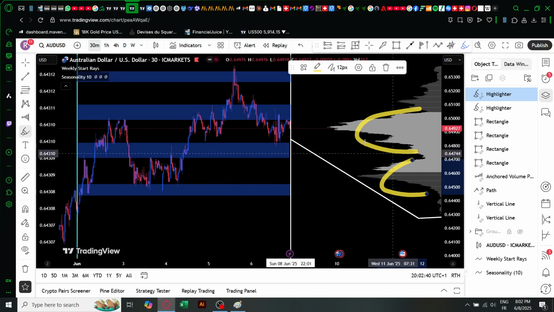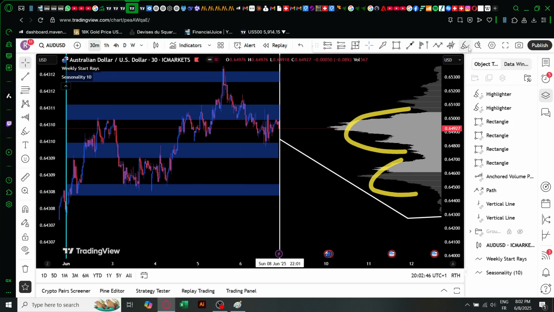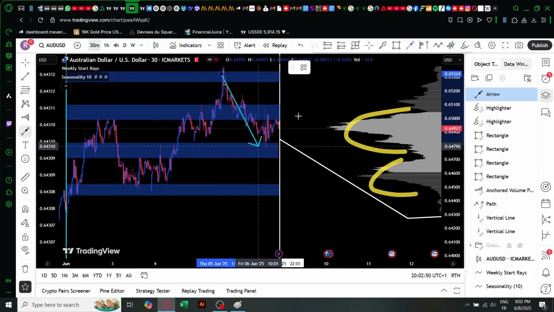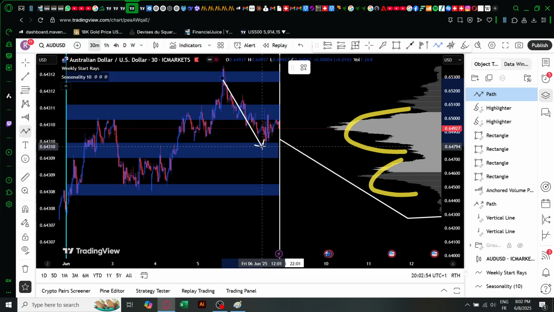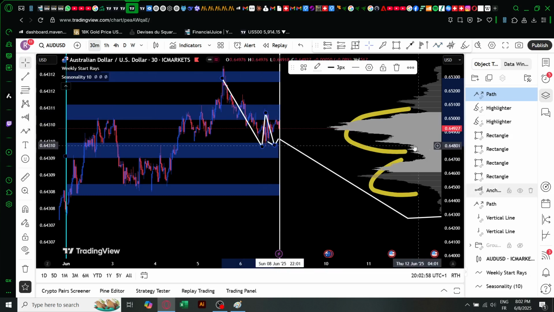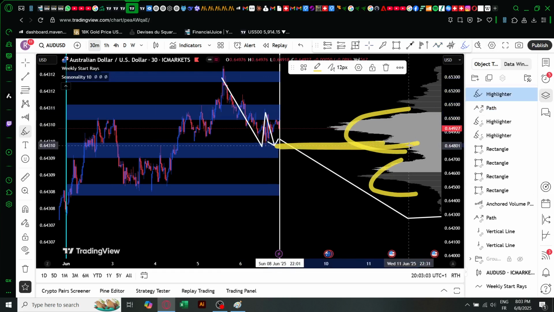When you see those levels like this, and as we can see over here, so price came back over. Price came back here, and then there is a reaction, but it couldn't break through this level. So on the edges, it couldn't break.